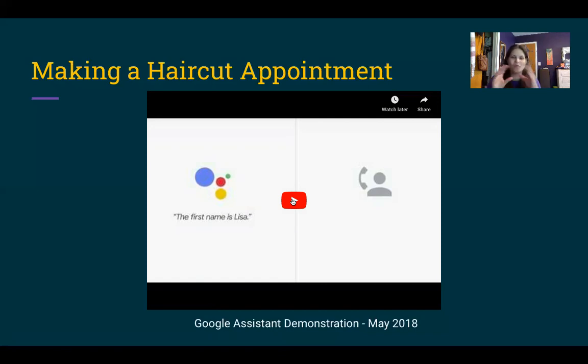But what really makes this AI, I think, is the fact that when the Google Assistant got a no response, they said, okay, how about a 1:15?